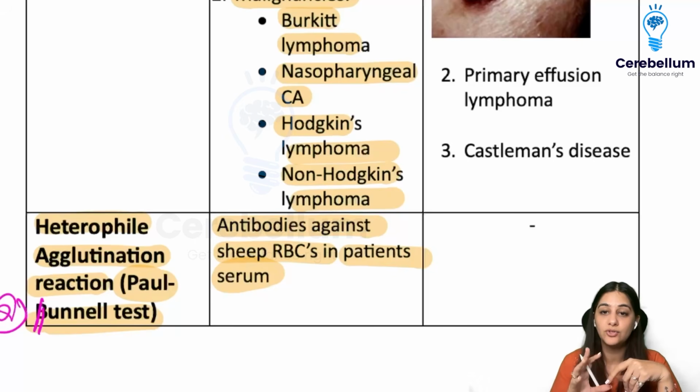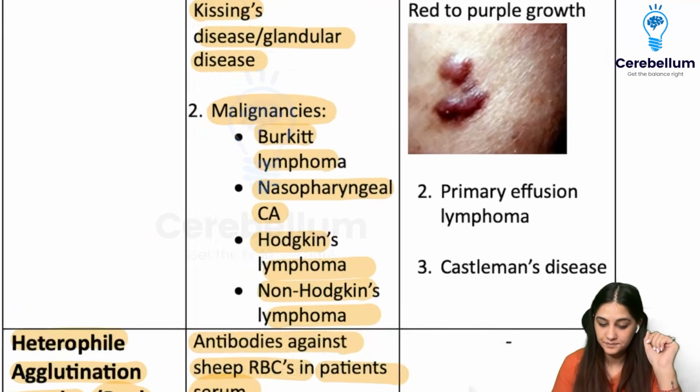So if I want to check antibodies against Epstein-Barr virus in a patient's serum, I can just take the sheep RBCs, make them react, and because these antigens are similar, the antibodies against Epstein-Barr virus will also attach to these sheep RBCs, leading to their lysis, their breakdown. That is something that we can see, and it is called the Paul Bunnell test.